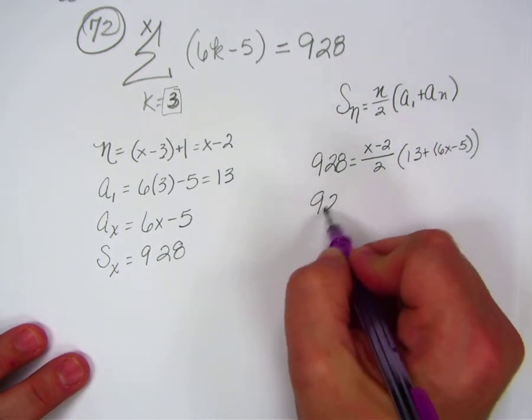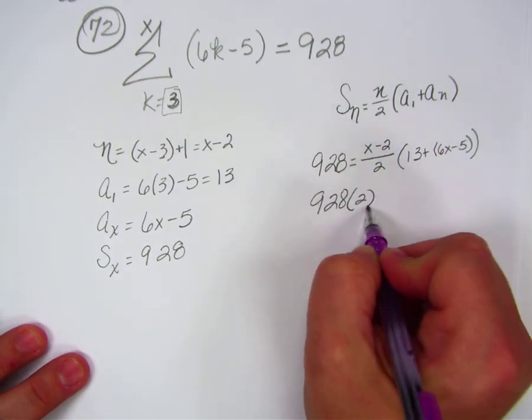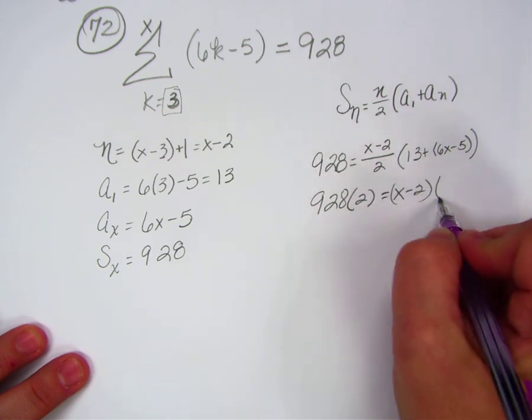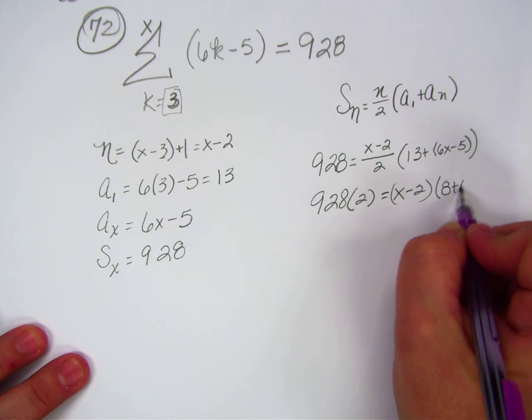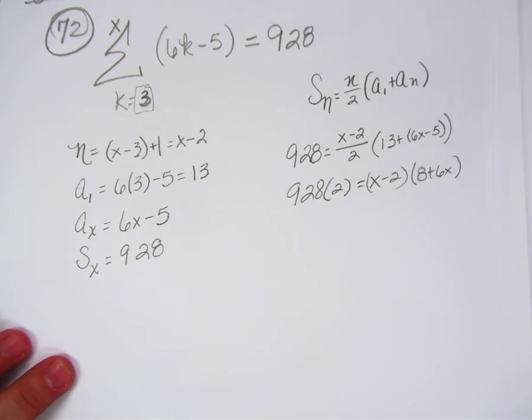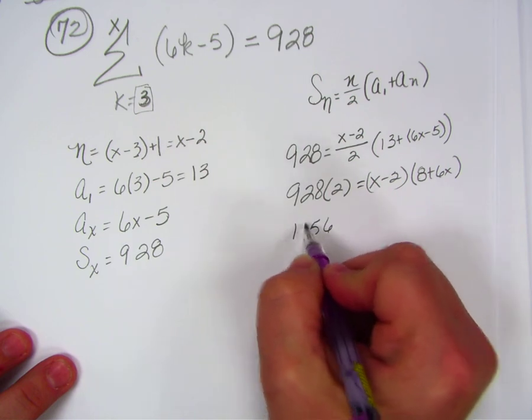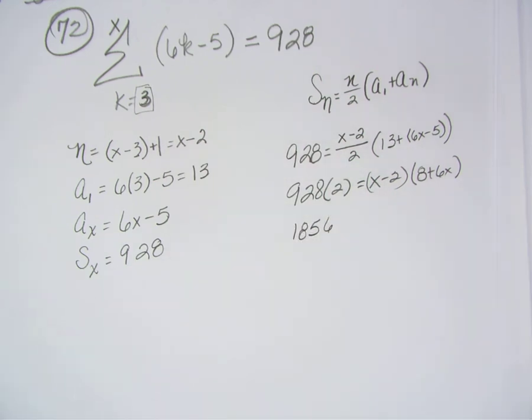So 928 times 2, I'm going to go ahead and do that, put that up there, is x minus 2 times 8 plus 6x. So that's going to be 1,856, am I right? Yep.